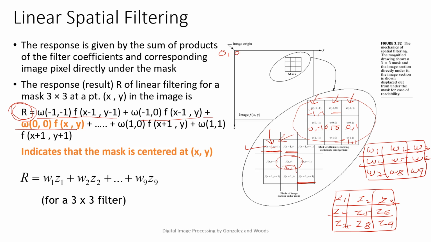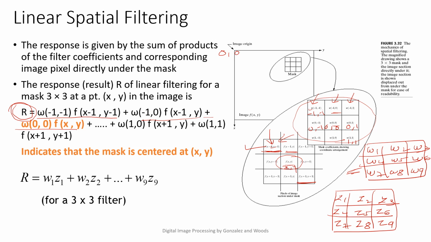Now if you remember in DSP, for convolution operation you have to reflect or flip or rotate the function and then apply. Here we don't have to do that because the filter mask is symmetric, so even if you rotate you will get the same values.